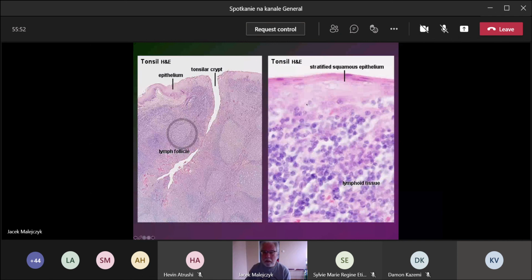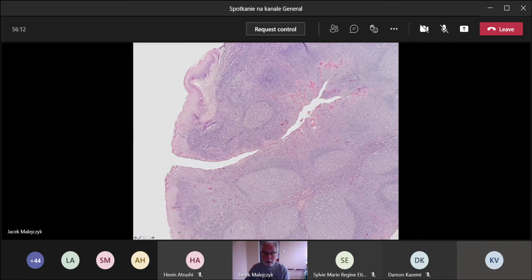And as you see, there is a lot of lymphatic tissue here. The lymphoid cells even invade the epithelium. So you see the border between the epithelium and the lymphatic tissue is hardly visible.